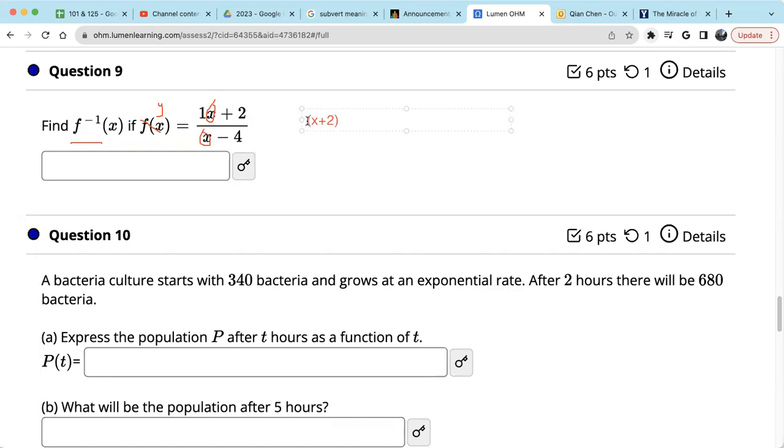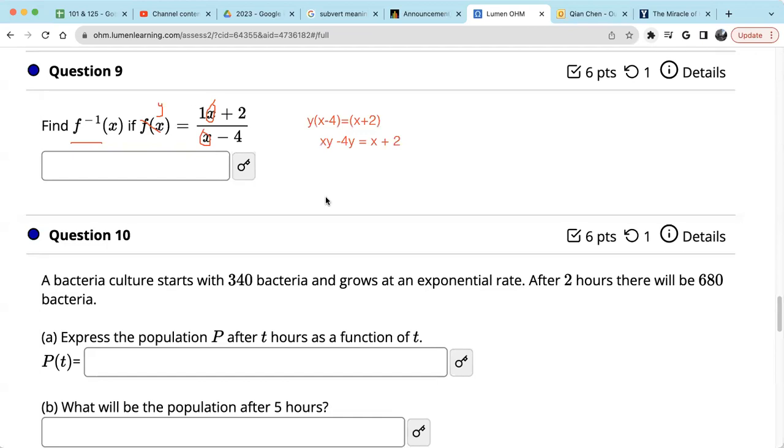So let's write the left-hand side first. So y multiplied by x minus 4 equals x plus 2, right? So I multiply both sides by x minus 4. So y times x minus 4 equals x plus 2. Now let's simplify this. So xy minus 4y equals x plus 2.